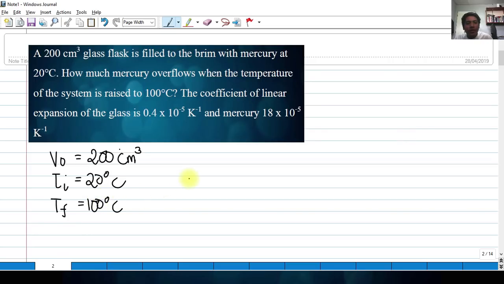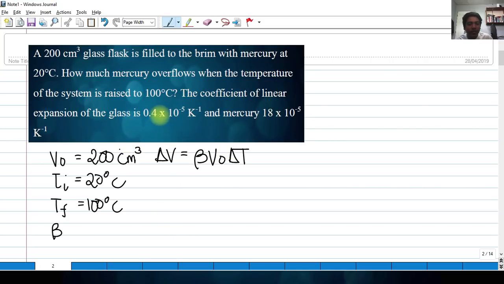The coefficient of linear expansion of the glass is 0.4 times 10 raised to negative 5 per Kelvin. What we are after is the coefficient of volume expansion, because remember in our formula, delta V is beta V naught delta T. And the given is the coefficient of linear expansion of the glass.